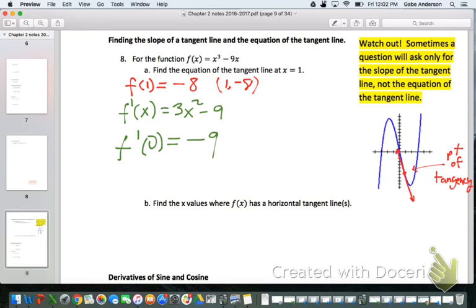Okay. What if I wanted to do something else? Instead of f prime of 0, I wanted to do f prime of, I don't know, negative 3. I wanted to find the slope at negative 3, so that's over here, right? That slope looks like what? Clearly positive, I would agree.